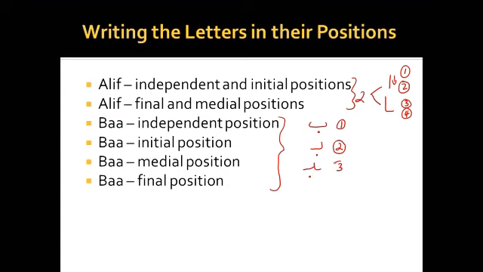And we call this the third position. And we have the ba when it's in the final position, when it connects to a letter but then doesn't connect to a letter after it, and it looks like this. And this is number 4. So you can see that the ba has 4 forms for 4 positions.